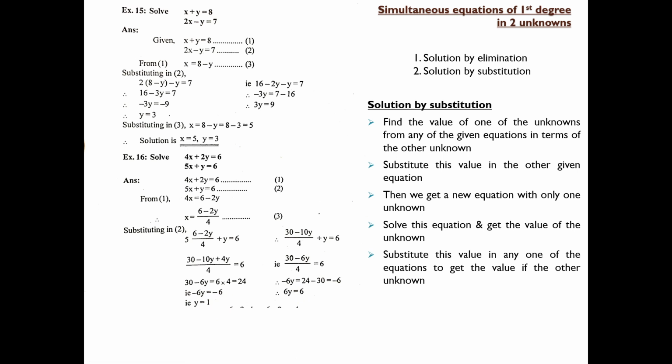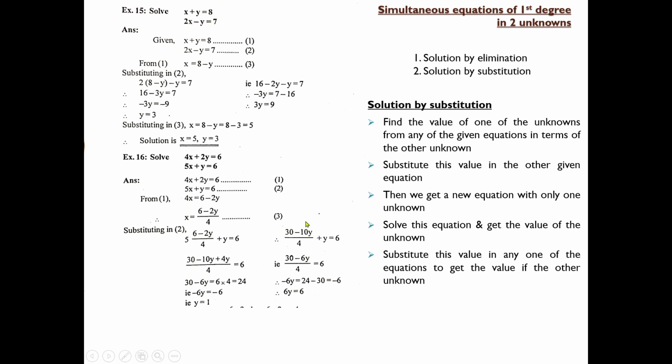So from here you can see that in this method, after the step 30 minus 10y by 4 plus y equal to 6, these steps are really unnecessary. We can simplify these 7 steps into 2 or 3 steps.